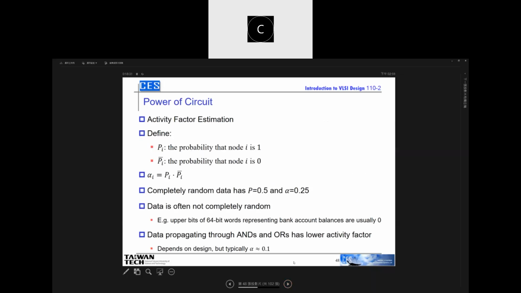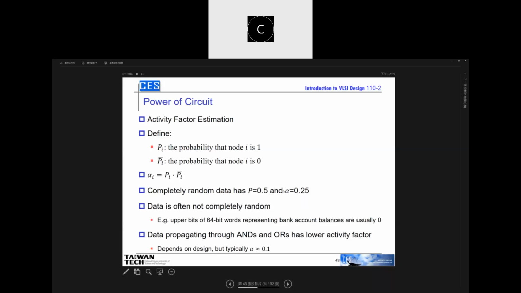Similarly, if you remember when we talked about the delay of the circuit, it's very difficult to have a very accurate number for the delay in the circuit, so we usually build a model to estimate it. The similar case here: it is very difficult to have a very accurate activity factor alpha, so we build a model to estimate the activity factor.